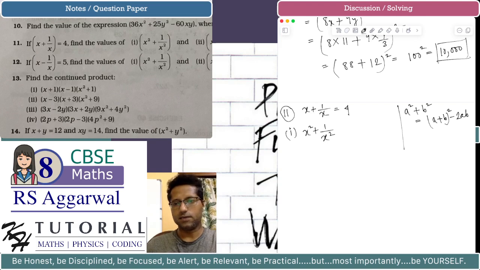So we can say that x square plus 1 by x square is equal to x plus 1 by x whole square minus 2 into x into 1 by x.